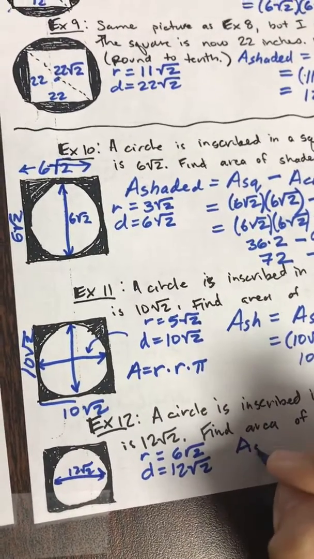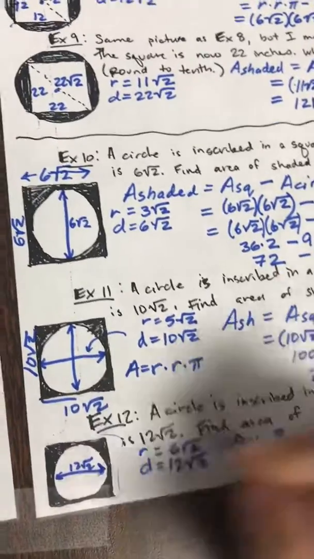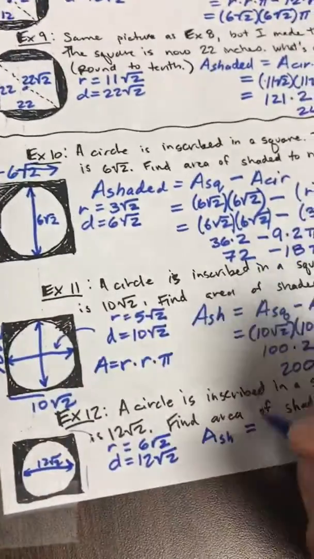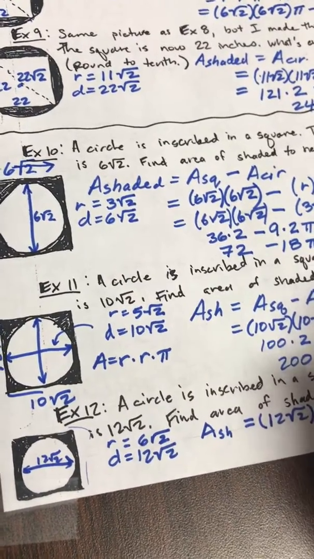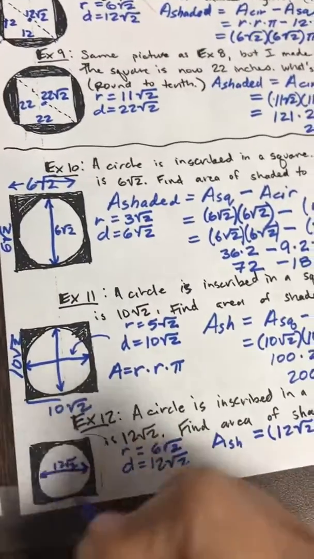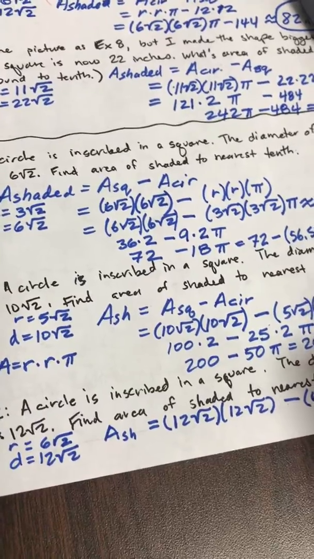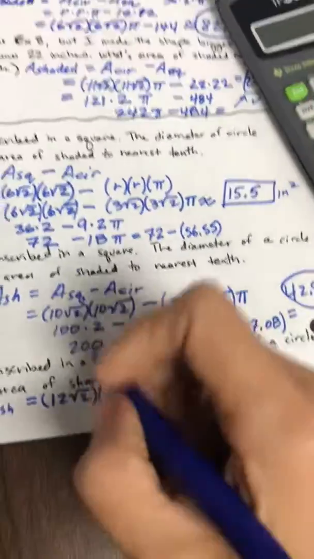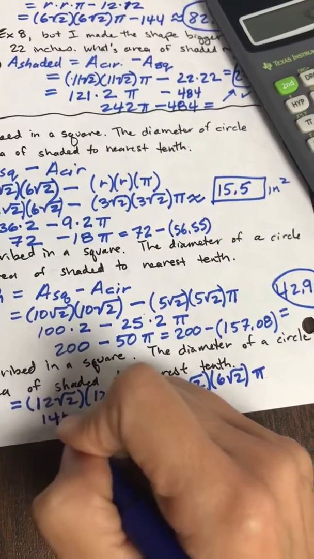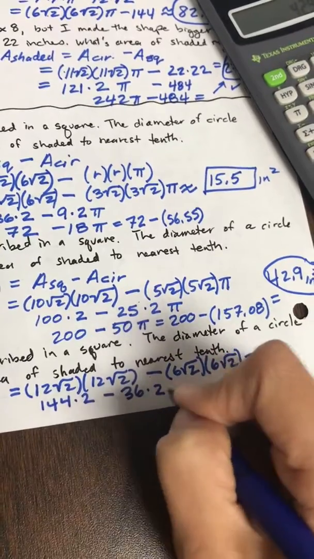Our area of the shaded region would be the area of our square, which has dimension 12 times the square root of 2 times 12 times the square root of 2, take away the area of this circle, which is radius times radius times pi. So that would be 144 times 2, and 36 times 2, pi.